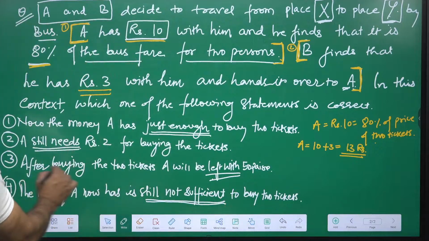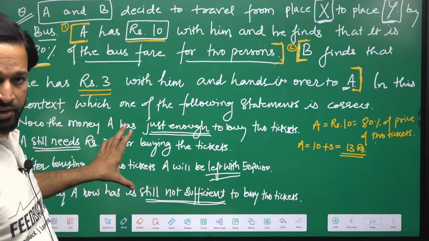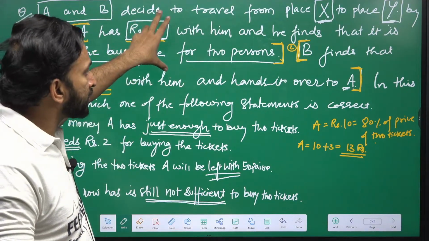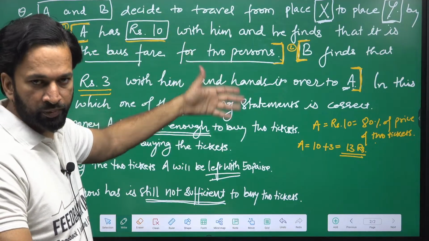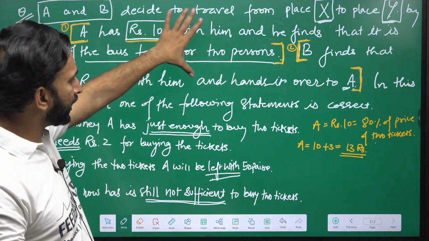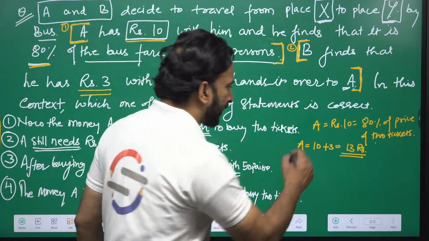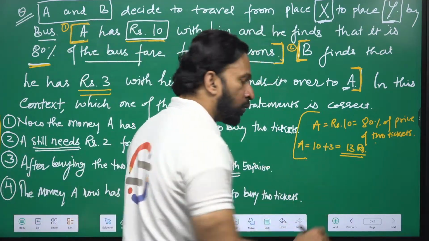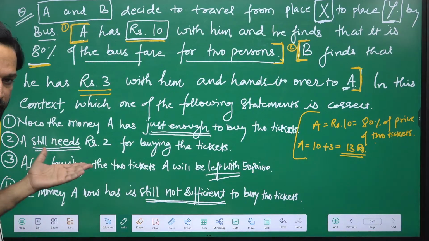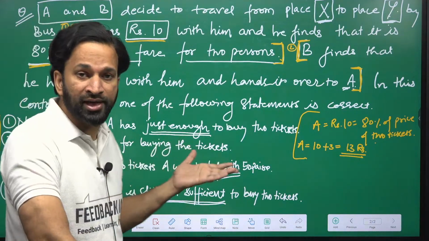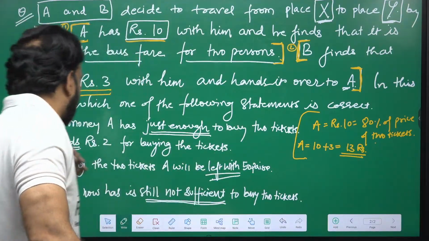Let's read these statements. When the statements are given, you must also read them in the context of the question, right? First you interpret the question, that is this part. Once you are done with the interpretation, now come to these statements. Let's understand or decipher the statements.